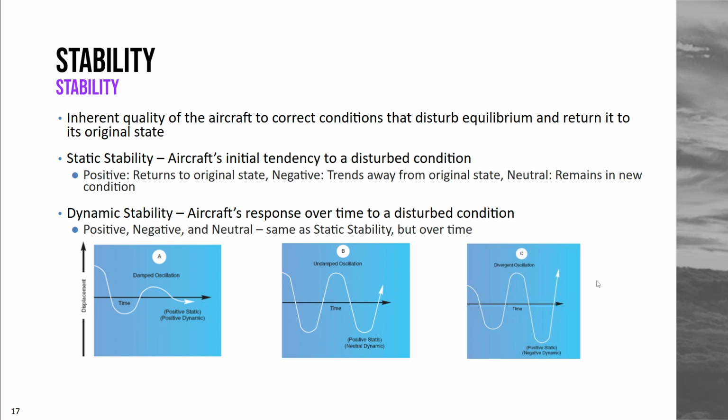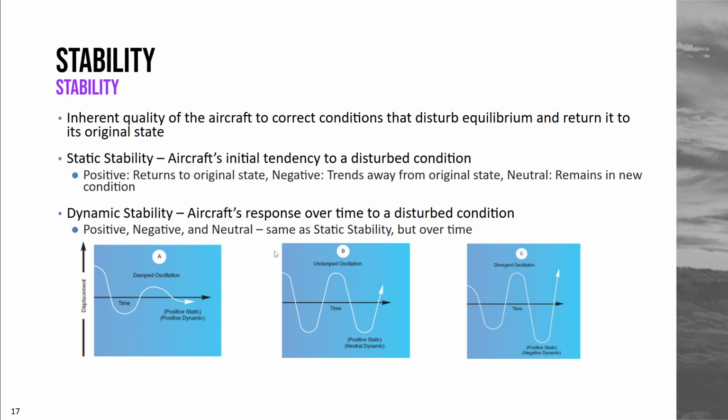Now let's talk about stability. Stability is the inherent quality of the aircraft to correct conditions that disturb equilibrium and to return to its original state. Inherently the aircraft is doing this without any pilot inputs. There's static stability, which is just the aircraft's initial tendency to a disturbed condition.